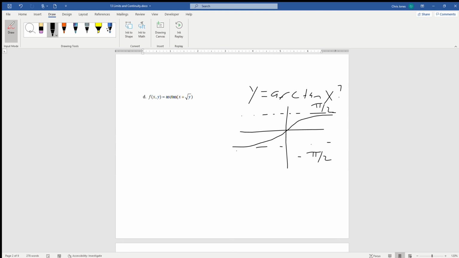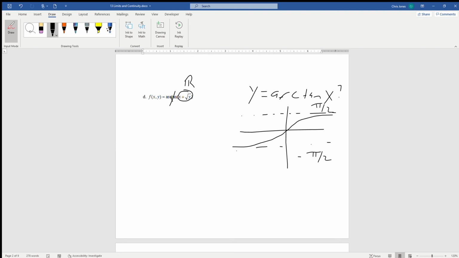So if we extend that to 3 dimensions, this can be any real number so long as the domain of the interior part is satisfied. In actuality, the arctan has nothing to do with the domain of this function because arctan has all real numbers.